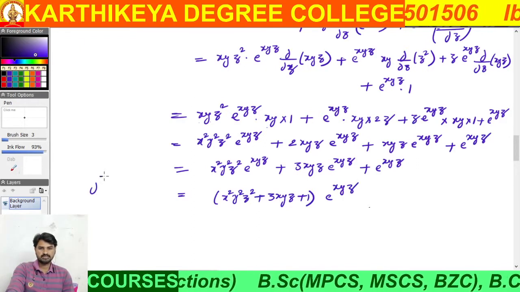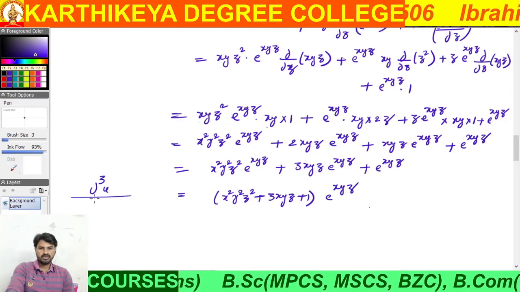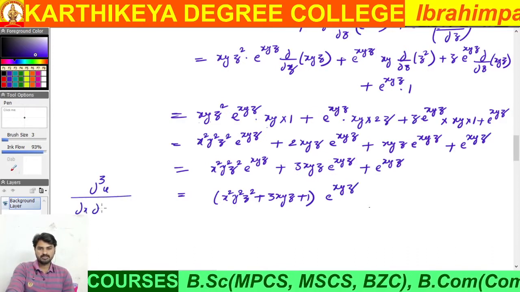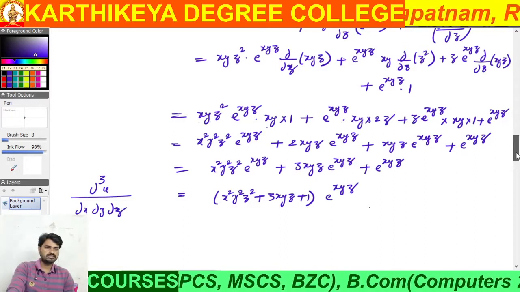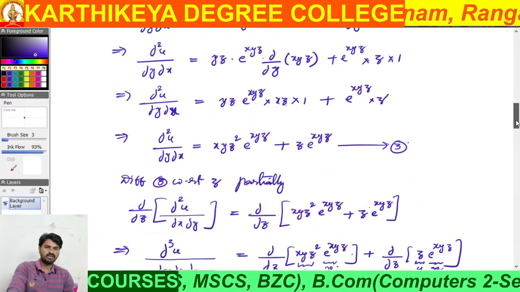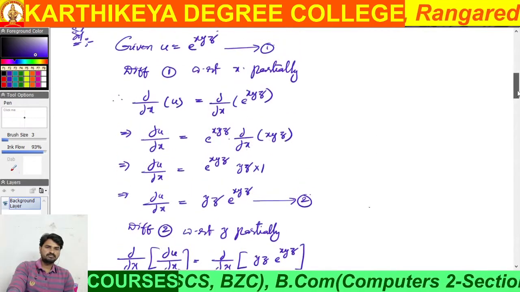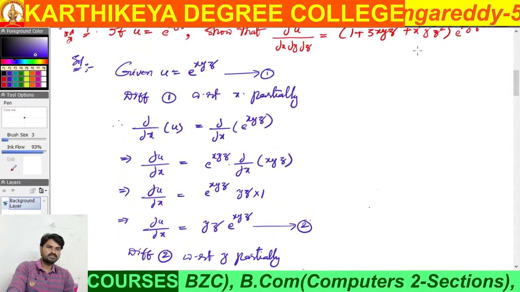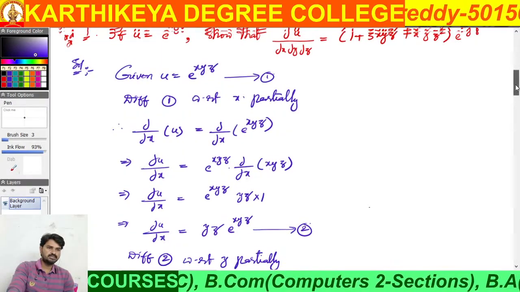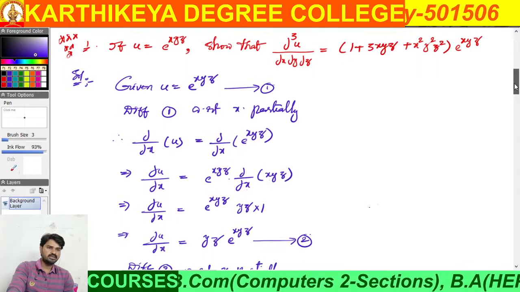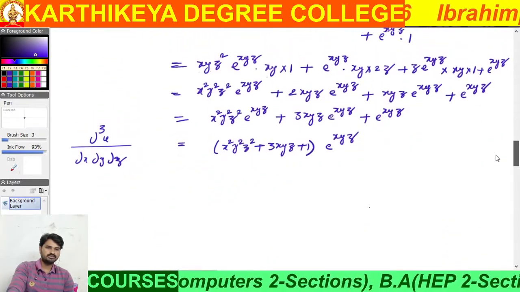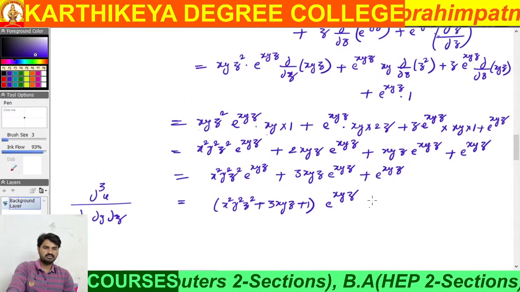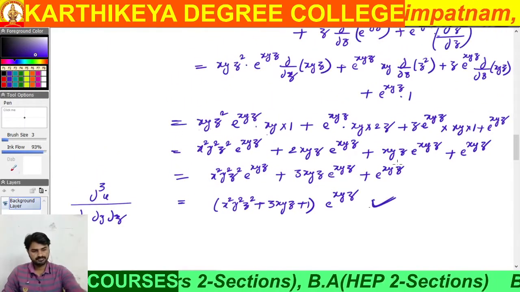This is the third-order derivative of u with respect to x, y, z. This is the answer, which is what we had to show: (1 + 3xyz + x²y²z²) e^(xyz). Okay students, we get our required answer. This is the problem.